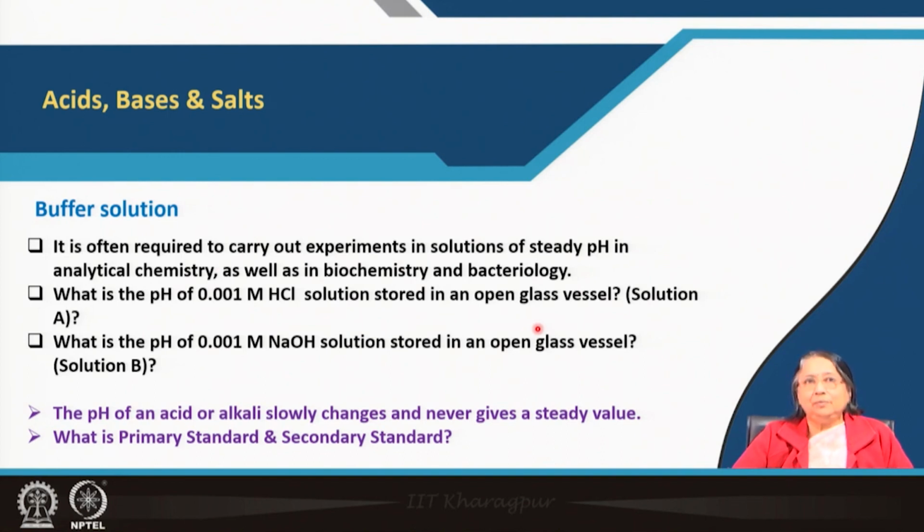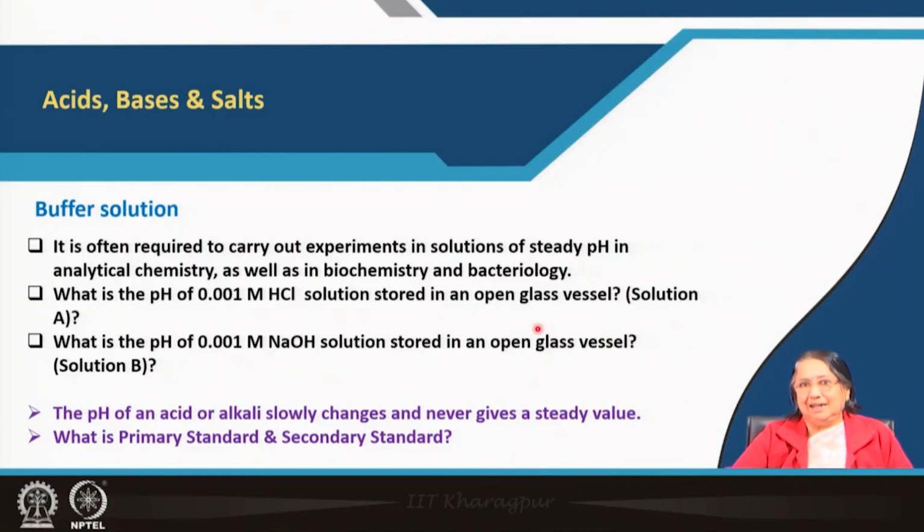So, what do we know about primary standard and secondary standard? We know primary standard is something which we can weigh accurately, which is not hygroscopic, and if we prepare the solution, we can keep it stored for a long period of time.